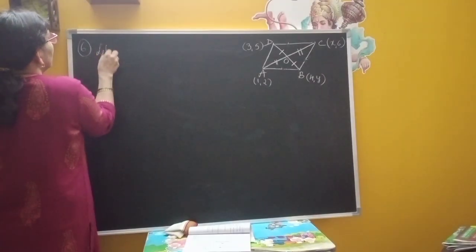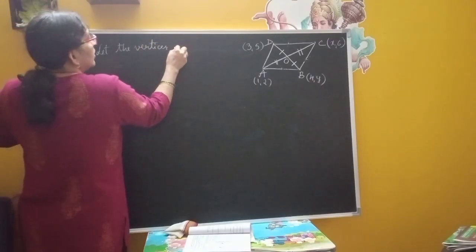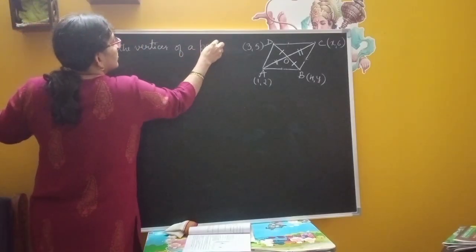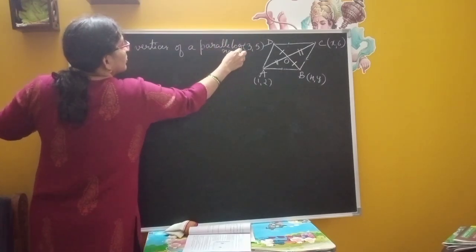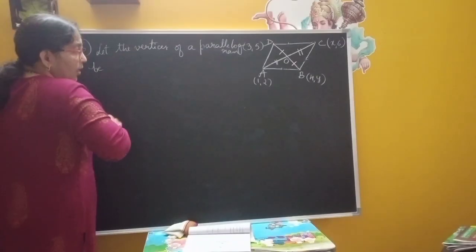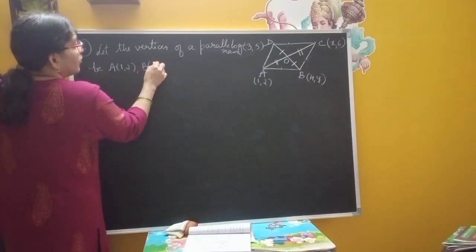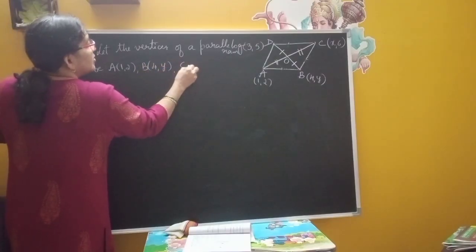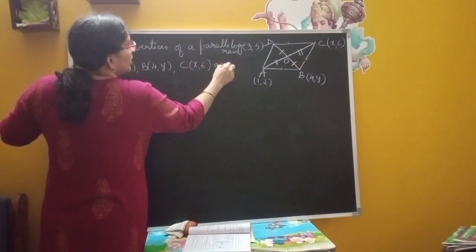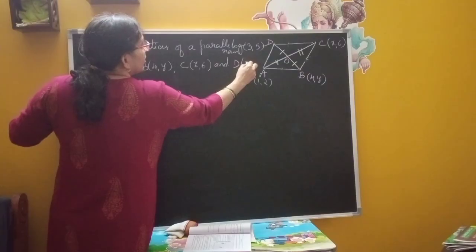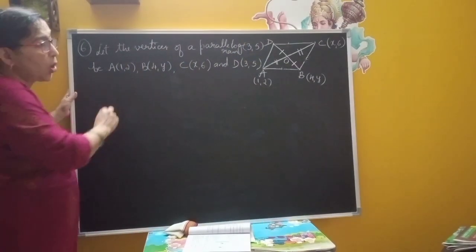Let the vertices of a parallelogram be A (1, 2), B (4, y), C (x, 6) and D (3, 5). These are the four vertices in order.